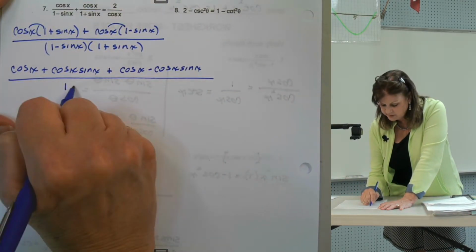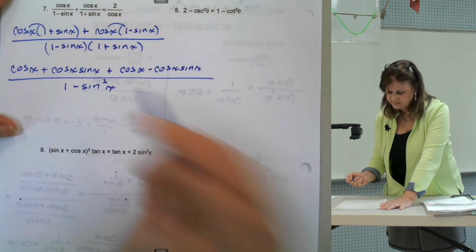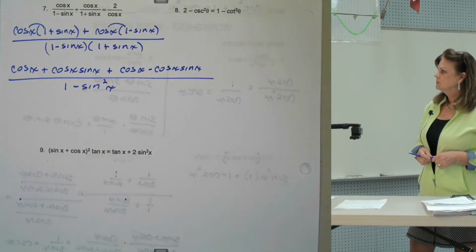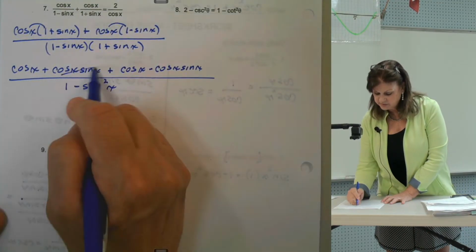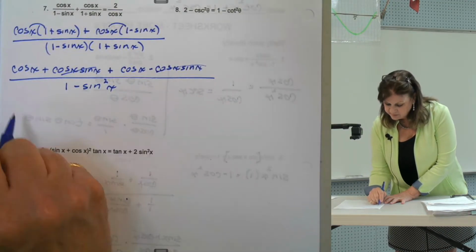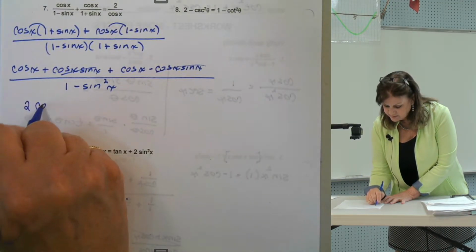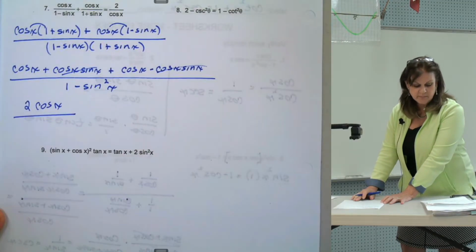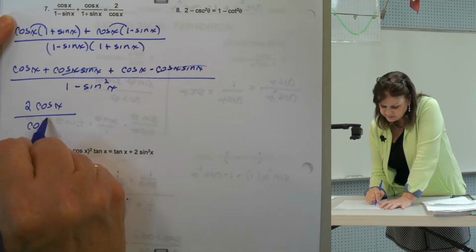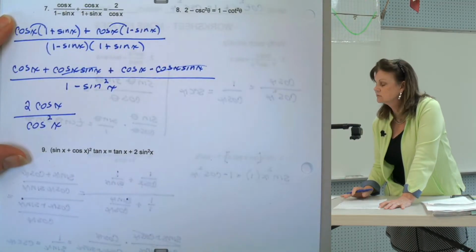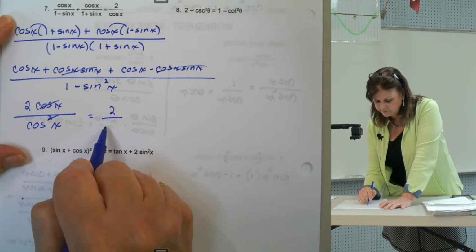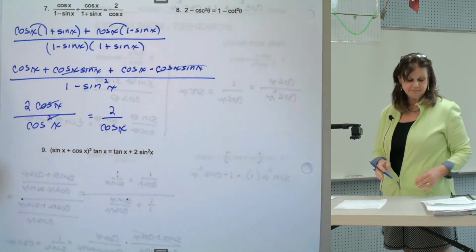I've got 1 minus sine squared x. And you know where that's heading, or you should. So in my numerator, this goes away and that goes away. Do we agree? And so now I've got 2 cosine x, and 1 minus sine squared x is cosine squared x. The cosines are going to cross out, and we've got 2 over cosine x.